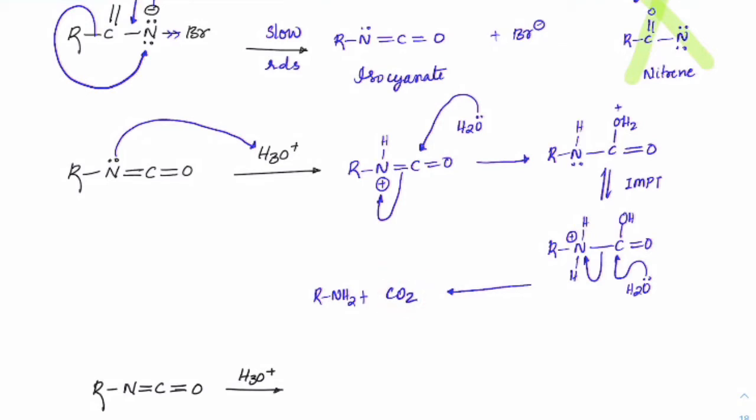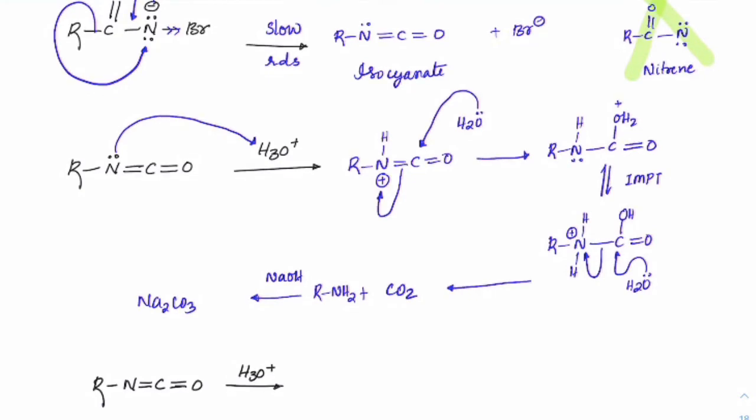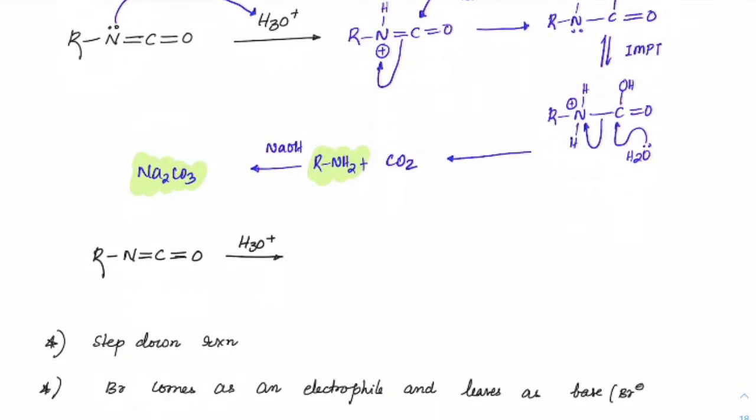Since the solution has NaOH present, this NaOH will react with CO2 to form Na2CO3. So these are the final products, RNH2 and Na2CO3. Got it. In short, remember this: isocyanates on hydrolysis will always give us RNH2 and CO2.